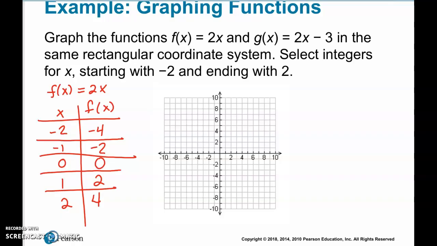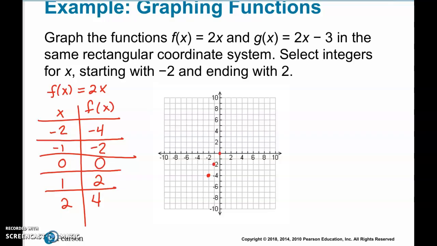And then I'm going to plot all of those points. So whenever you're plotting, you take the x value and you move horizontally. So -2, and then I go vertically down to -4. Then I take -1, and I go vertically down to -2.